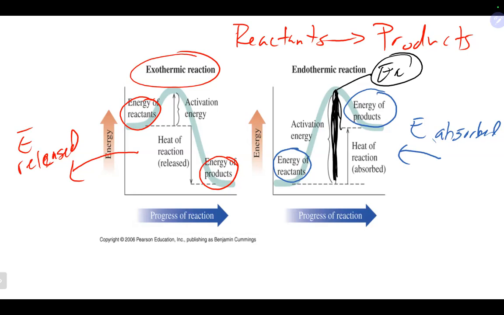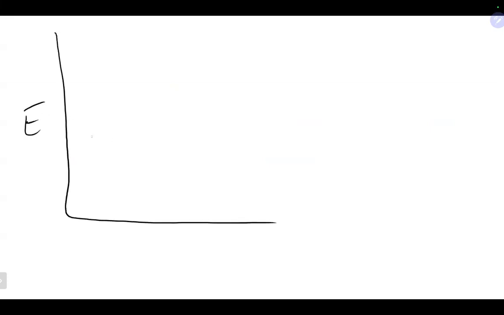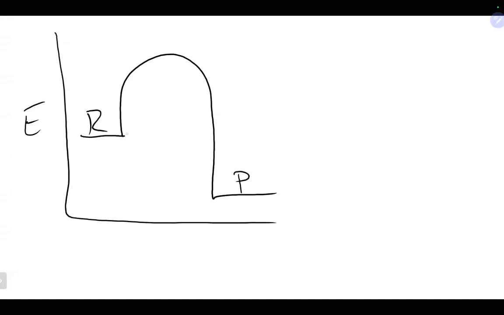When we look at an energy diagram here, the difference in energy between our reactants and our products is basically the delta H of a reaction, the change in enthalpy for the reaction.